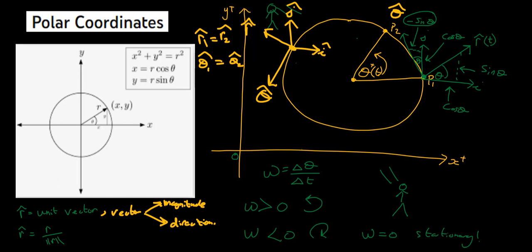So let's have a quick look at the domain. So let's see something's going from this position all the way over to this position. So from position 1 to position 2. So our theta goes from 0 to 2 pi. So those are the possible values for theta.